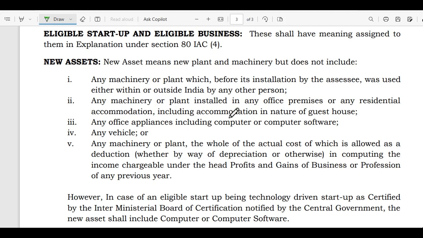Any machinery or plant installed in any office premises or any residential accommodation, including accommodation in the nature of a guest house, any office appliances including computer or computer software, any vehicle, or any machinery or plant the whole of the actual cost of which is allowed as deduction, whether by way of depreciation or otherwise, in computing income chargeable under the head profits and gains of business or profession of any previous year, is excluded.